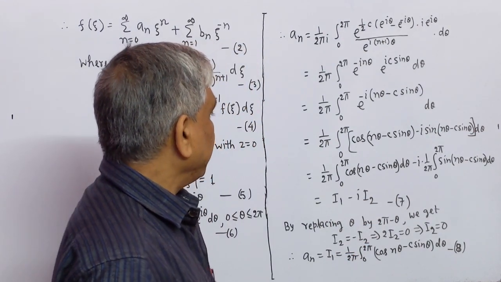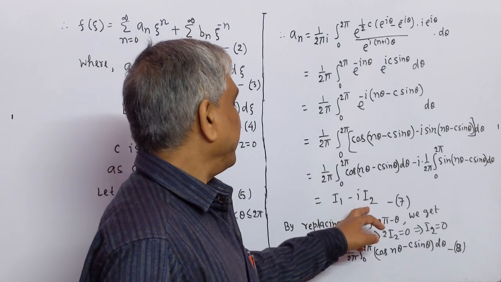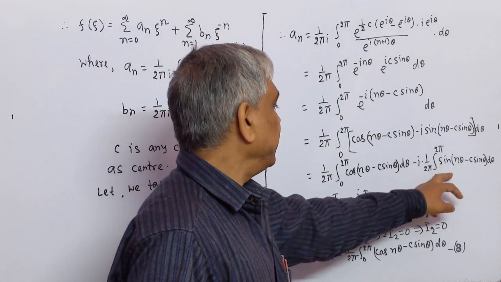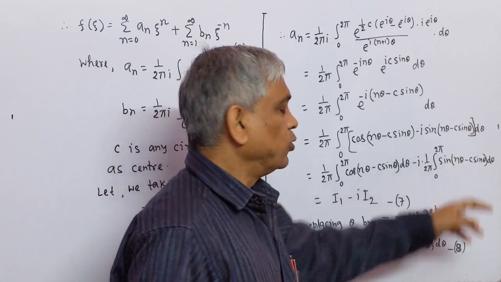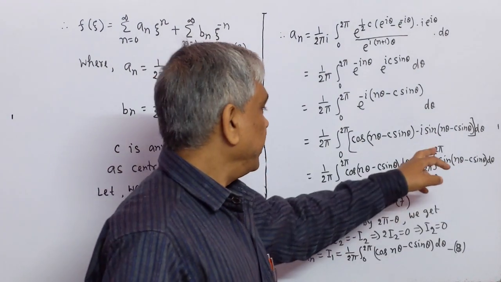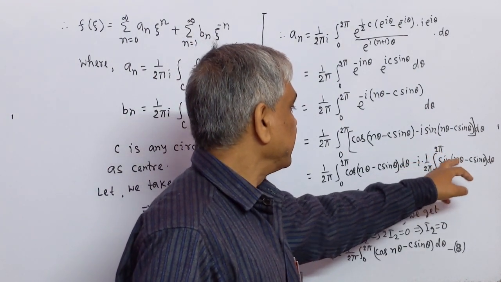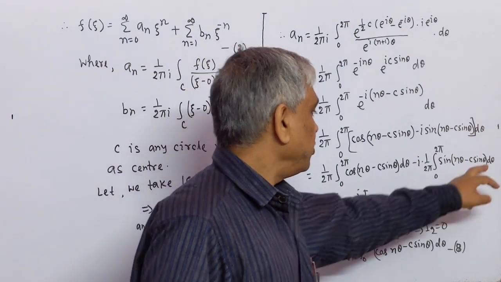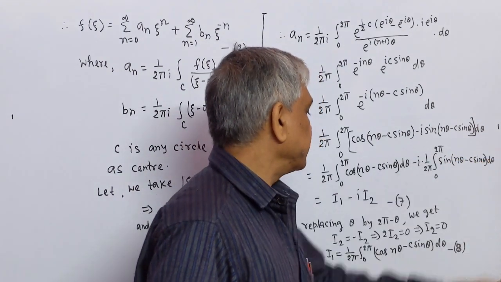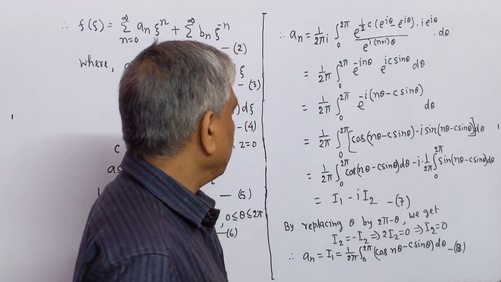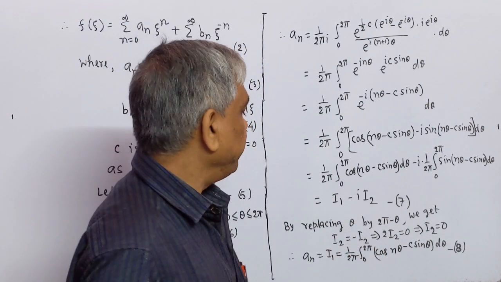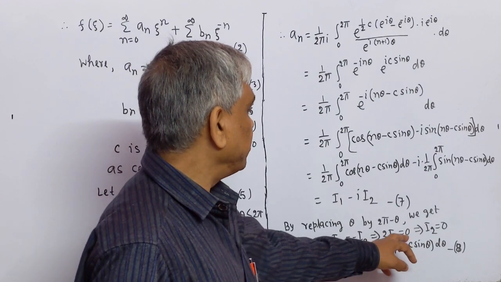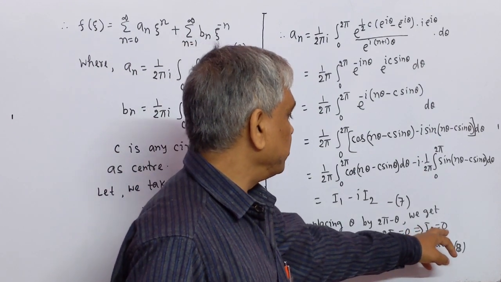By using the properties of definite integration in I₂, in place of θ we may write the higher limit 2π minus θ, and we get I₂ = -I₂, which implies that I₂ = 0.